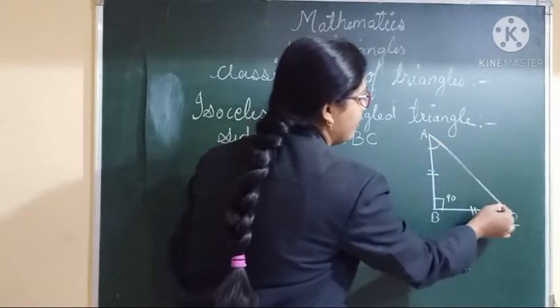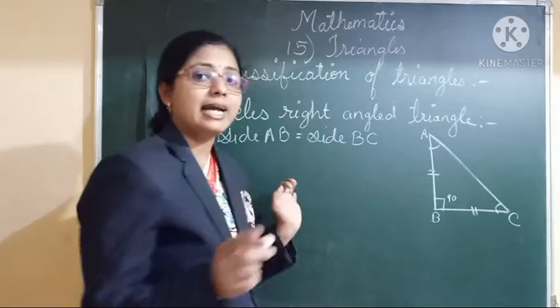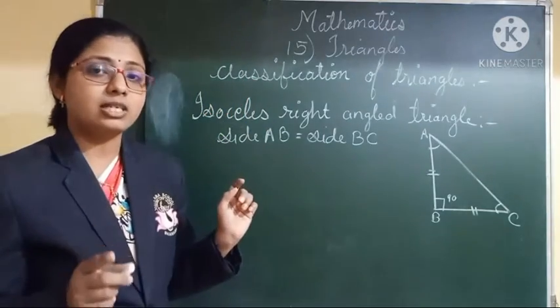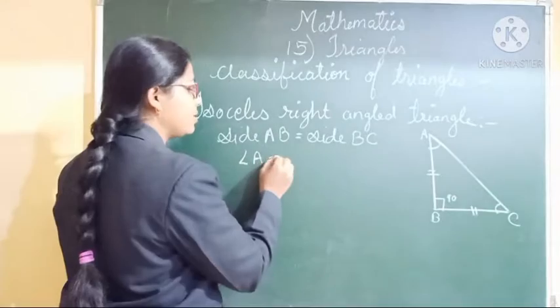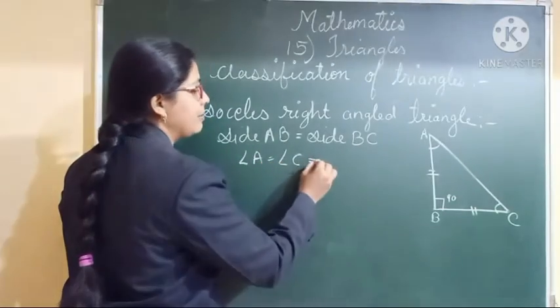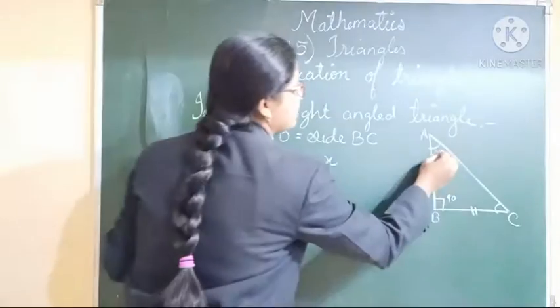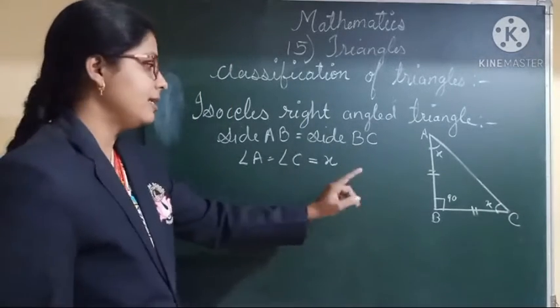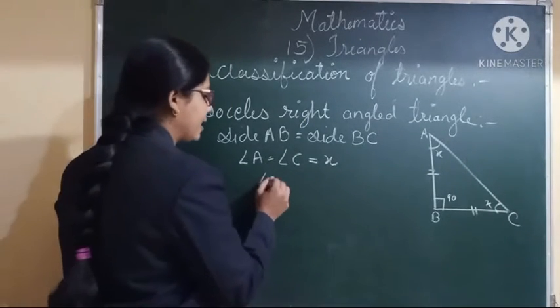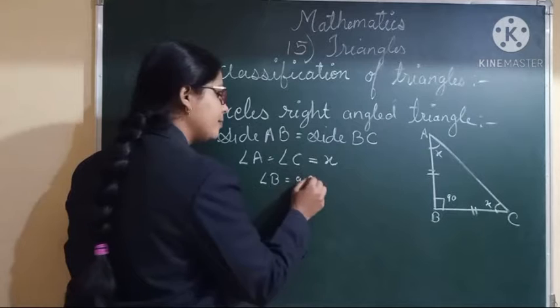We have to find these angles. You know that the base angles of an isosceles triangle are equal. So angle A will always equal angle C, which I am considering as X. Then we know that angle B is 90 degrees.